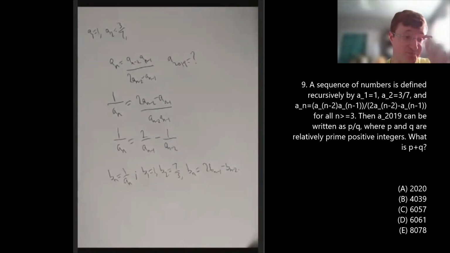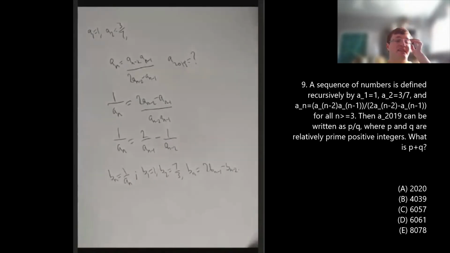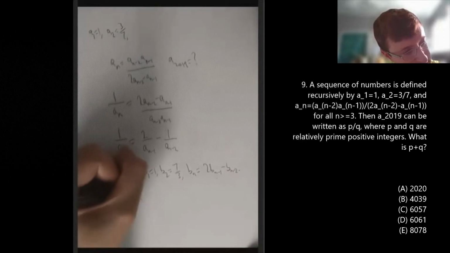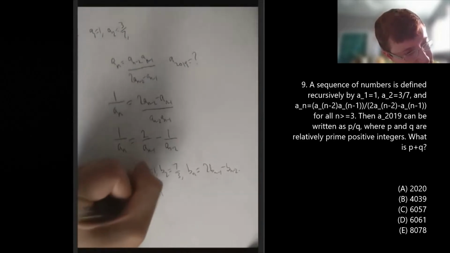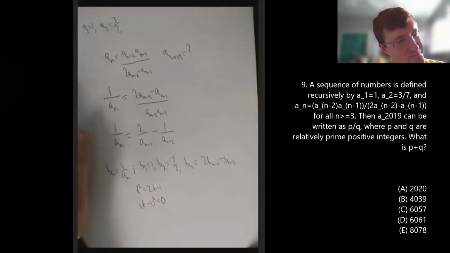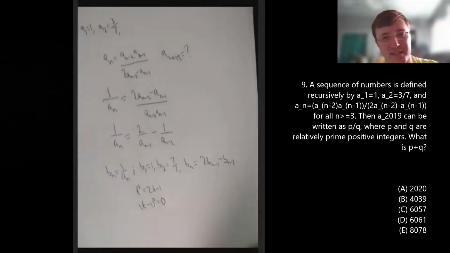Okay, now this I think should be satisfied by any linear function, because the characteristic equation is t squared equals 2t minus 1, which is (t minus 1) squared equals 0. So that would be something times 1 to the n, which is a constant, plus something times n times 1 to the n.